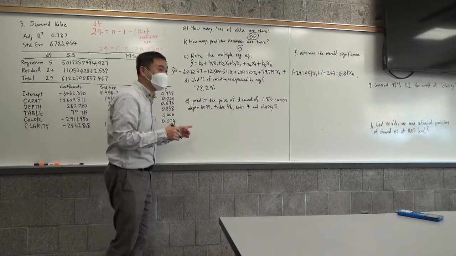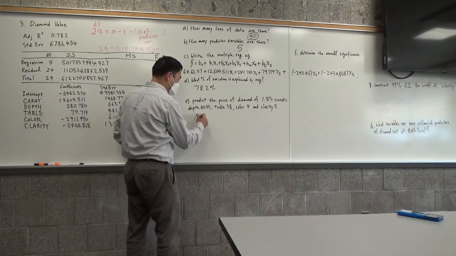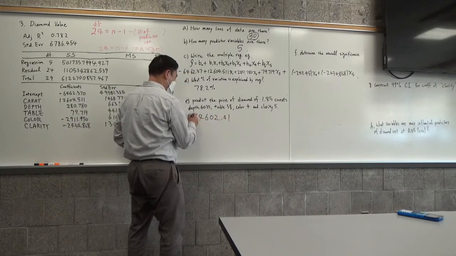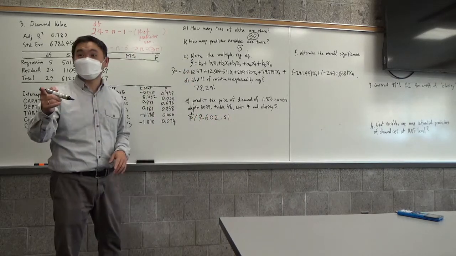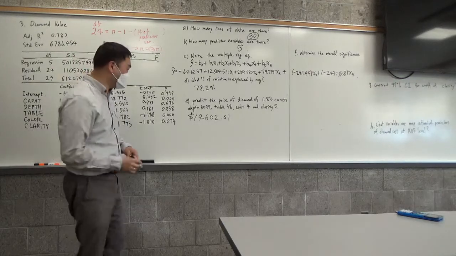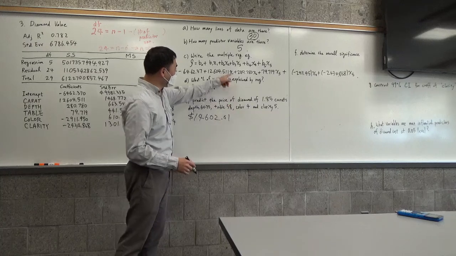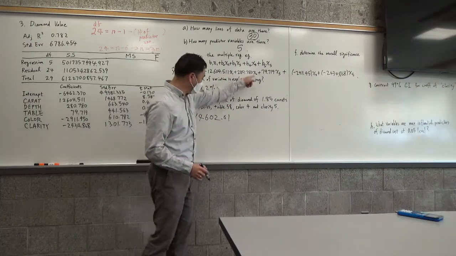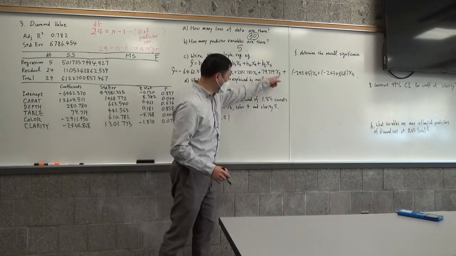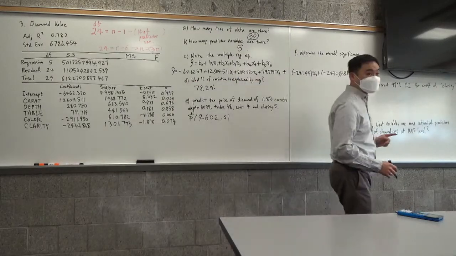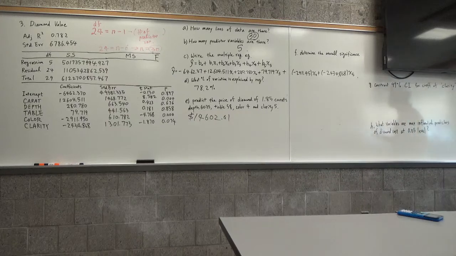What did you get? $14,602.61. Can I get a confirmation? Did you get that as well? Yeah, that's right. Okay, great. That's what you get if you put 1.85 here, 60.235 here, 58 in here, 4 in here, and clarity 5 in here. Is that good?